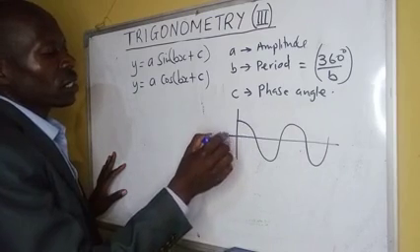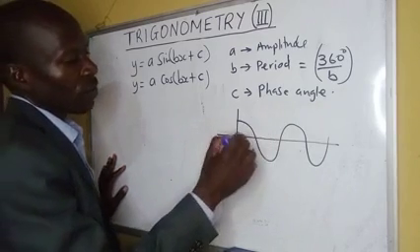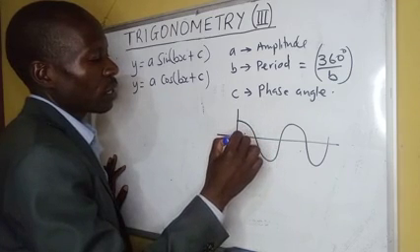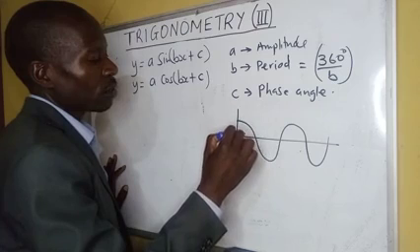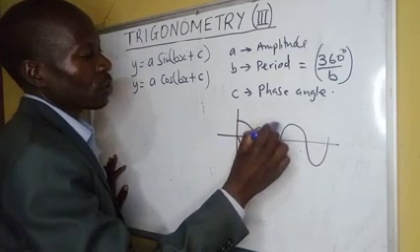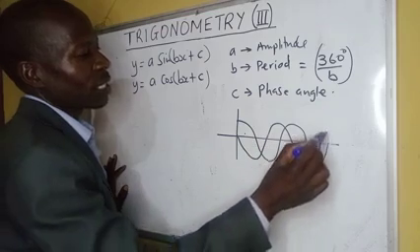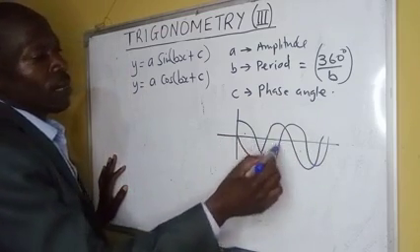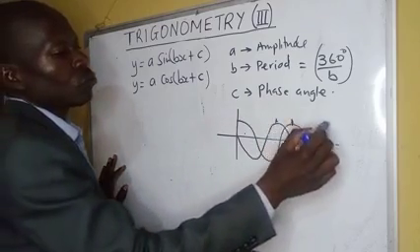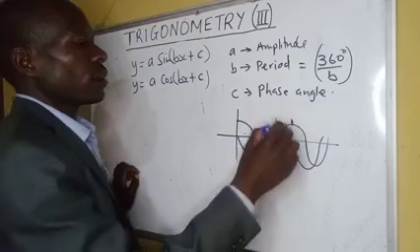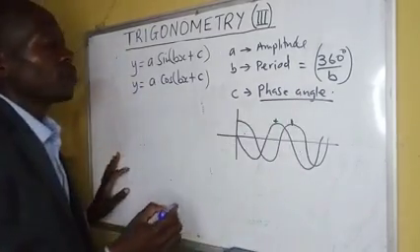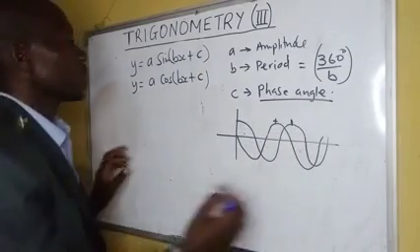When the two graphs are compared, you will realize that maybe that one will start like that, so we'll find that it is always late. So that lateness, the difference in their movement, is what gives you the phase angle as the wave moves in phases.